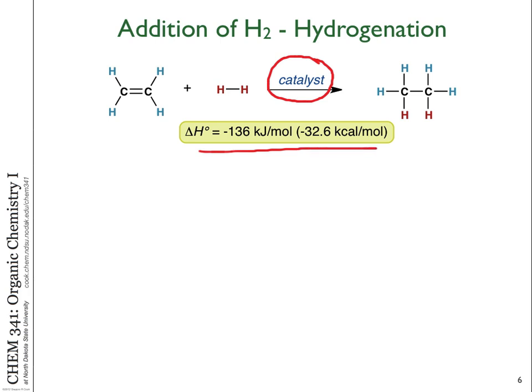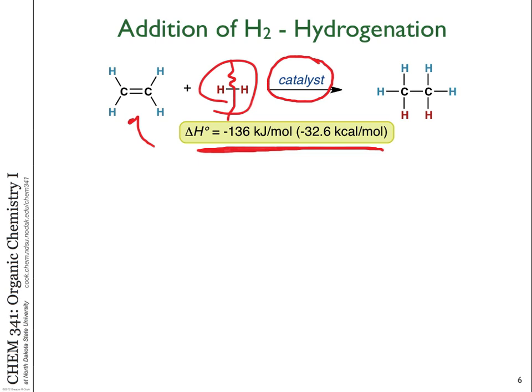Although the energetics of the reaction are downhill, there's a very high activation energy barrier because what's required is the need to break apart the hydrogen molecule into more reactive species, and then somehow activate that and allow the addition across the double bond.